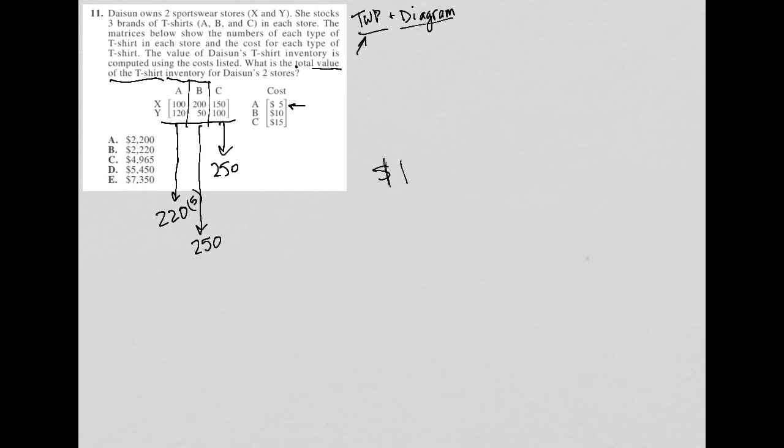So I get 1,100 for type A. For type B, which are 250 t-shirts, type B t-shirts cost $10 per t-shirt, so I'll multiply 250 times 10. So type B shirts altogether are $2,500. And lastly, for type C, I also have 250 type C t-shirts, but those are $15 each.